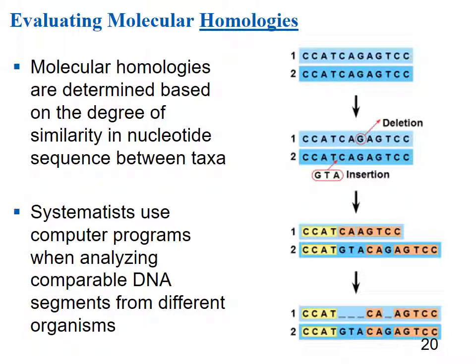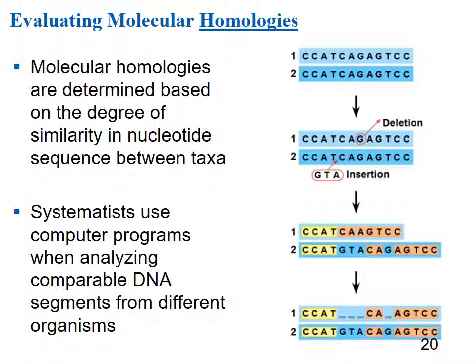When we look at molecular homologies, they are determined based on the degree of similarity in the nucleotide sequence between different taxa. The more similar they are, the more likely it is that they are the result of having a common ancestor. Systematists can actually use computer programs to analyze this.